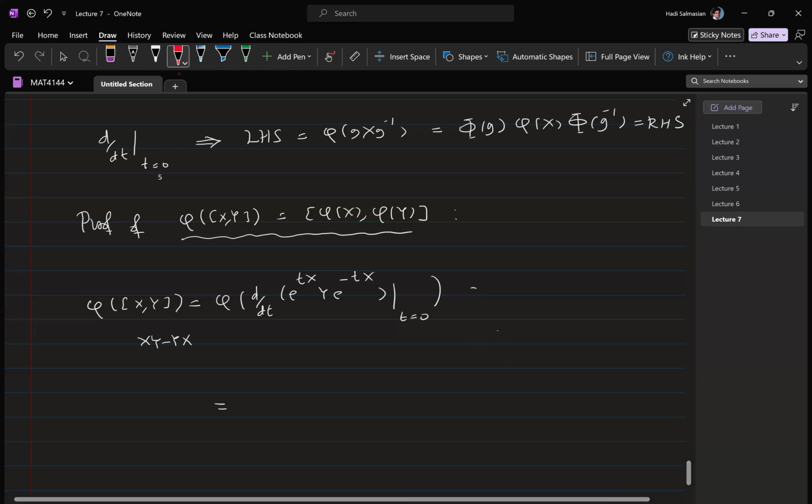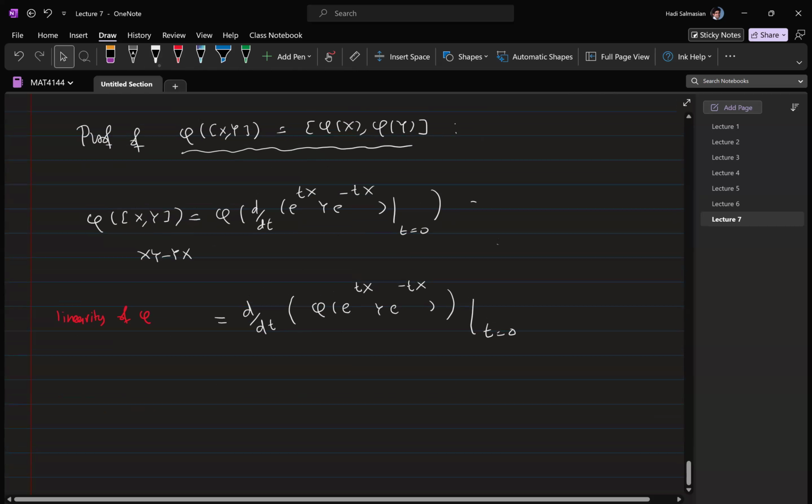So by linearity phi, I can write this as d dt of this phi e to the tx y e to the minus tx at t equal to 0.